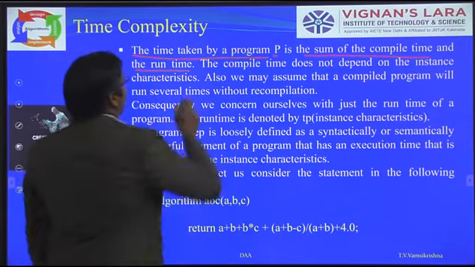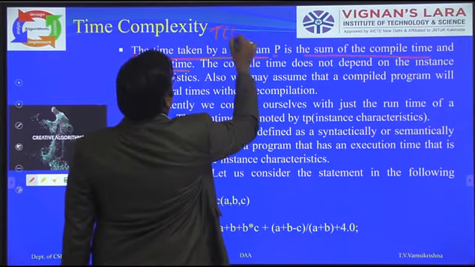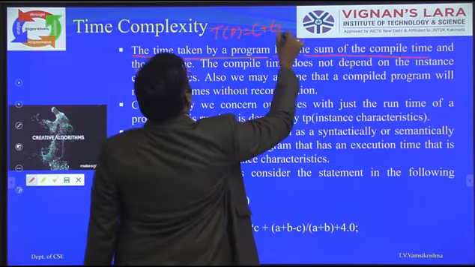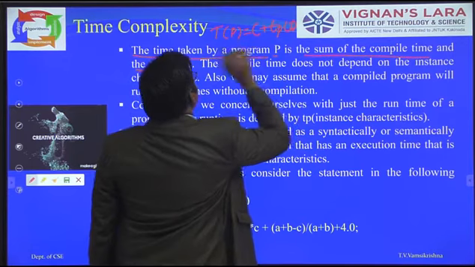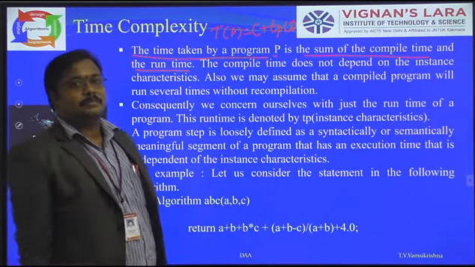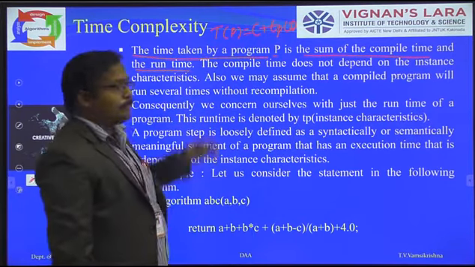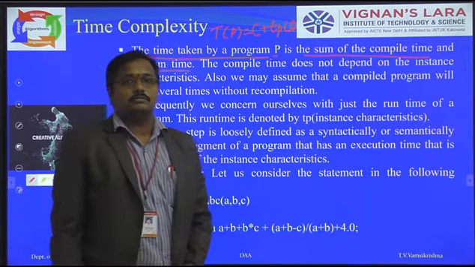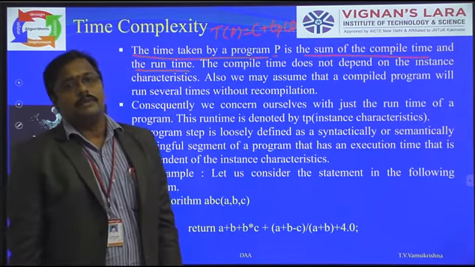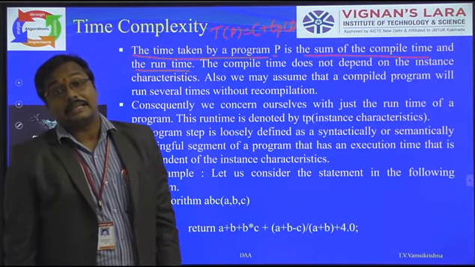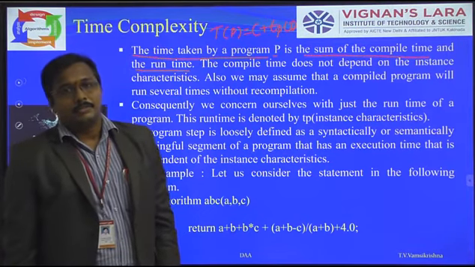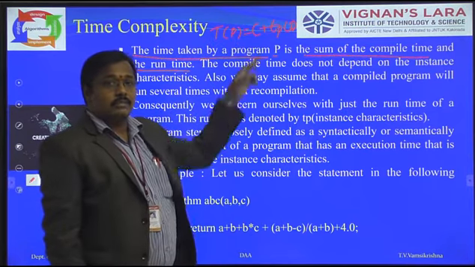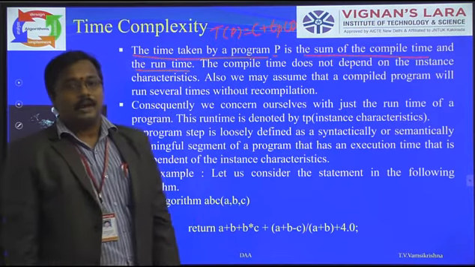Simply we can define it as T of P is equal to C plus Tp of I. In the earlier case we found the space complexity S of P equal to C plus Sp of I, with reference to instance characteristics. Similarly here, the time complexity of a procedure is equal to C plus Tp of I.